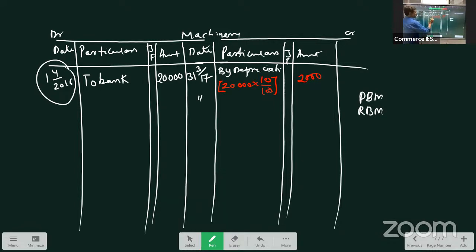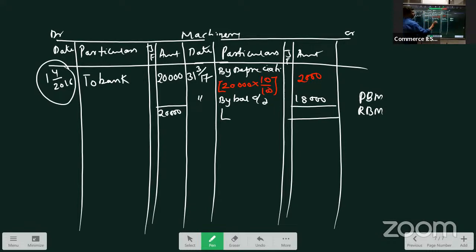Now the balance sheet figure, by balance carried down: 20 minus 2, 18,000. So the written down value on 1st April 2017 is 18,000. To balance brought down, 18,000.